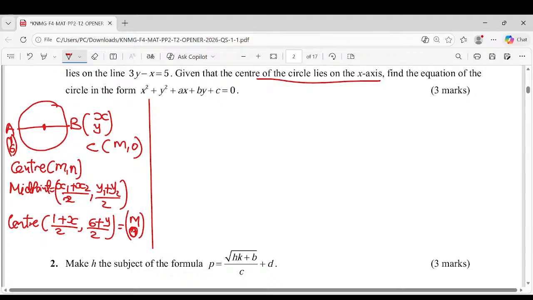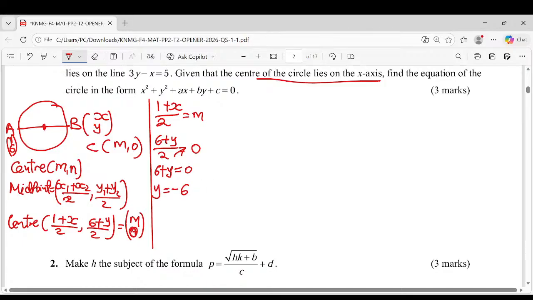This means that (1 plus x) over 2 gives me the value of m, then (6 plus y) over 2 gives me the value of n, the y-coordinate, which is now equal to 0. When I cross multiply, 6 plus y equals 0. Then the y value here is equal to negative 6.